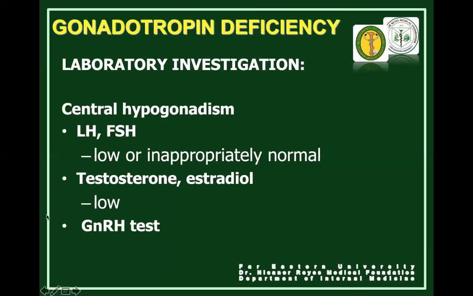You try to stimulate your pituitary to produce LH and FSH, and testosterone or estradiol. After the GnRH test, you will see that your LH and FSH will remain low or inappropriately normal, and your testosterone or estradiol will be low. So both of them, even on stimulation, will be low.